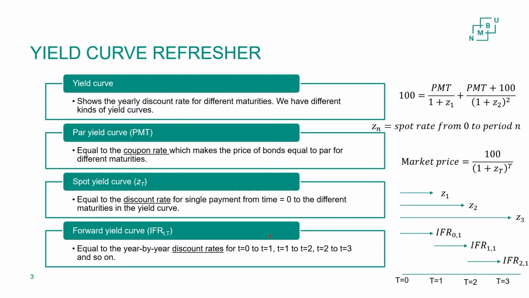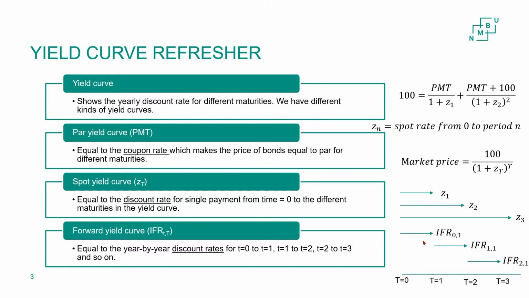So what if you need the forward yield curve? What is it? It's also a discount rate, but this discount rate starts in the future and ends in the future. Okay, that's why it's called an implied future rate. Okay, and how do we find this implied future rate?